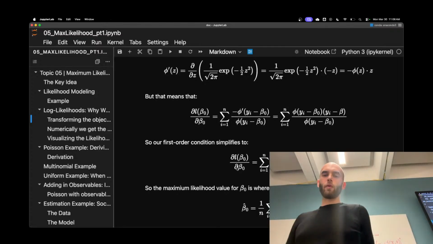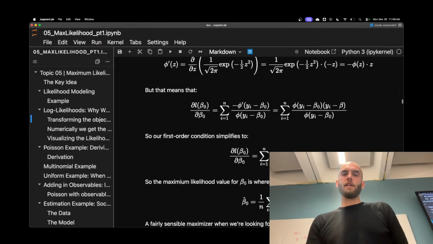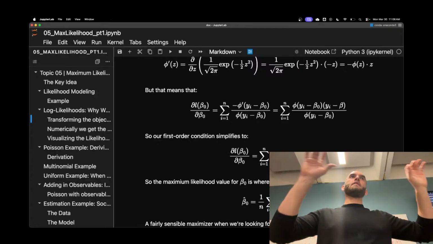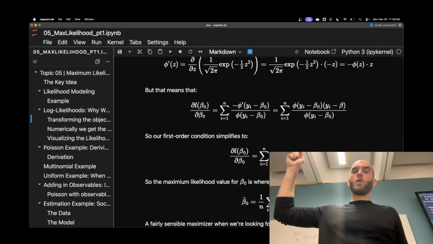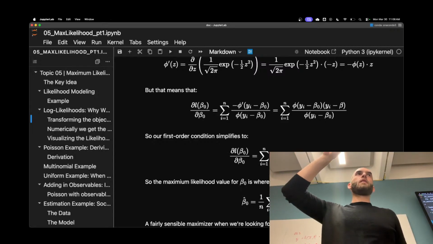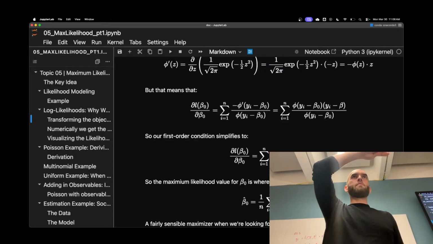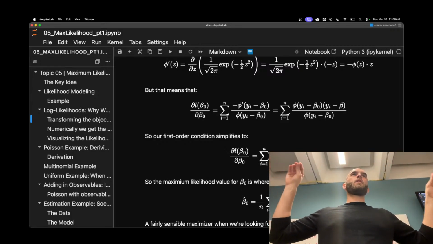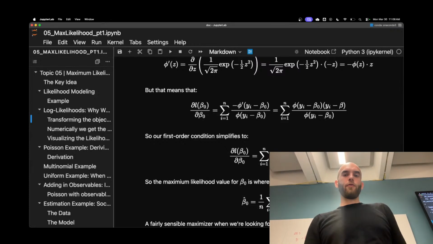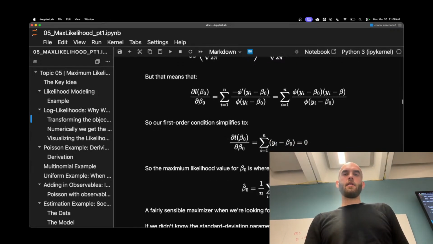If you do a bit of rearranging here, you can pull beta 0 out. The way I think about this is as a sum of all of these things: y1 minus beta 0 plus y2 minus beta 0. So there are n beta 0s. So we have the sum of yi's is equal to n beta 0.